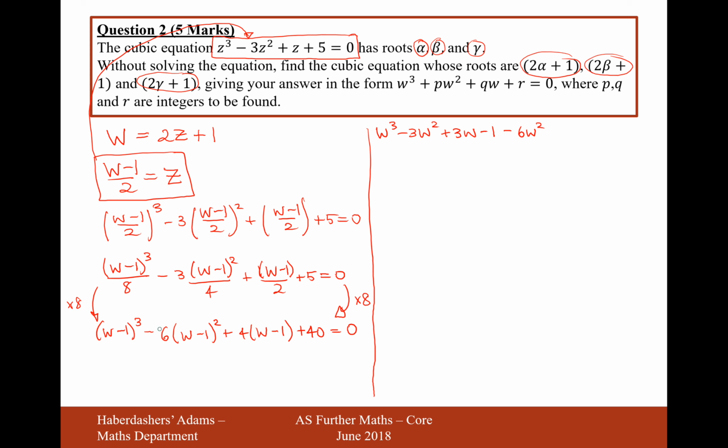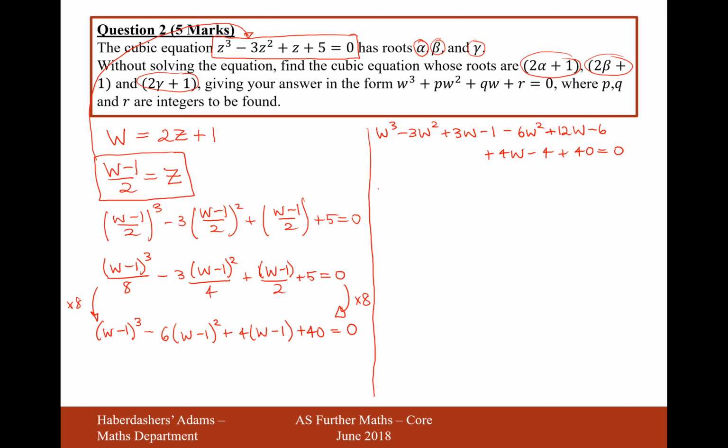Sorry, not minus 2w, but then times the minus 6, that'll be plus 12w now. And then it'll be 1 here, so times by the 6, that'll make it minus 6. And then it'll be plus 4w minus 4, and then plus 40 equals 0.